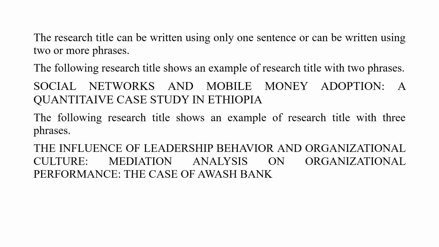The research title can be written using only one sentence or can be written using two or more phrases. For example, the following research title shows an example with two phrases. It reads as social networks and mobile money adoption. It's one phrase. A quantitative case study in Ethiopia. So it is made of two phrases.